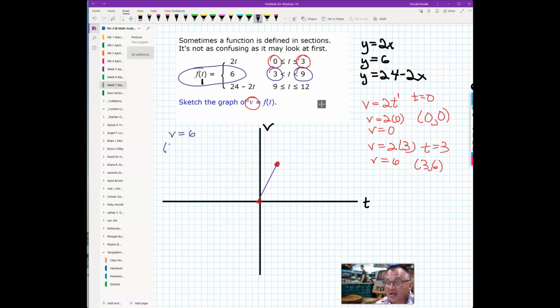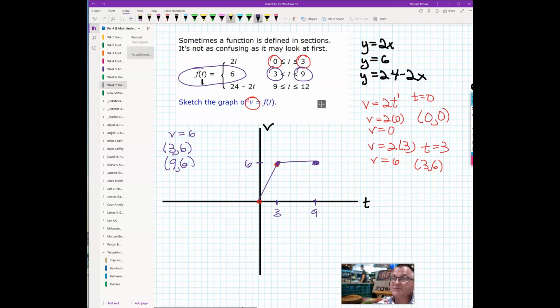So this is going to be made up of 3, 6 there. And then when t is equal to 9, v is still going to be 6. So 3, 6, hopefully I counted right there. 3, that's 9. So that's the middle one.